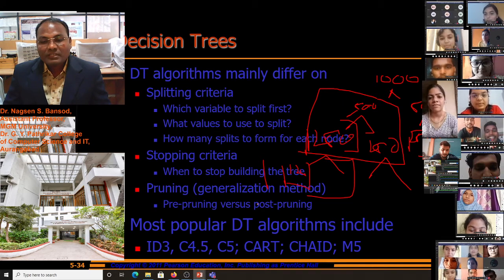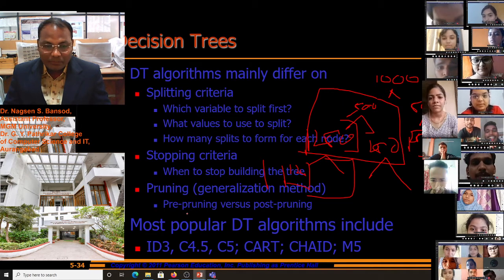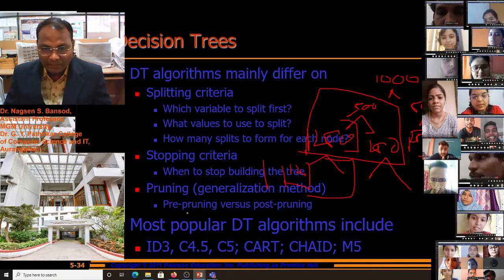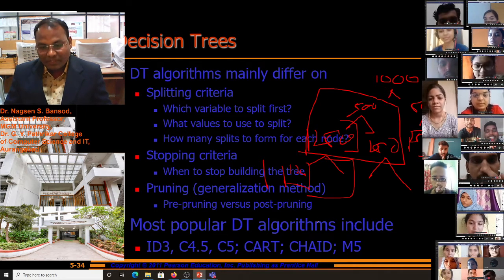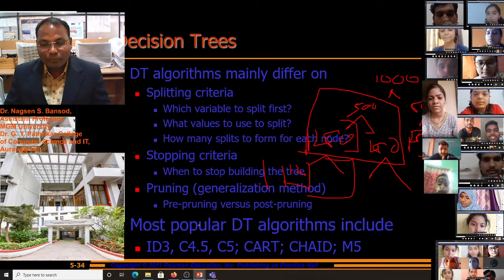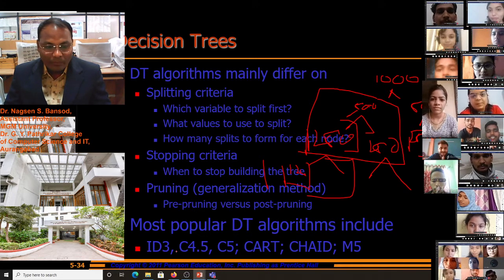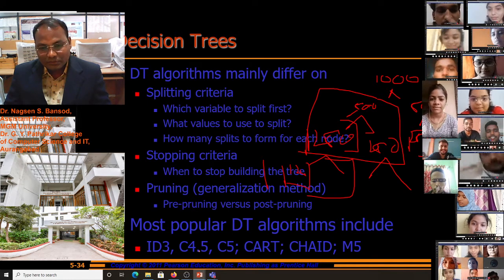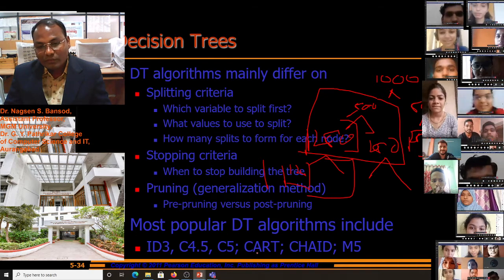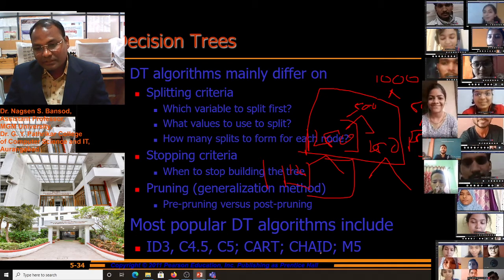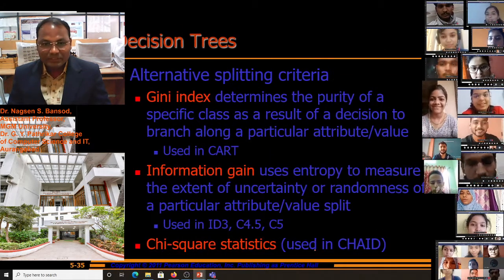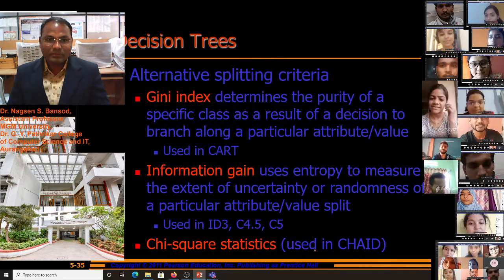Pruning means generalization method: pre-pruning versus post-pruning. The most popular decision tree algorithms include ID3, C4.5, C5, CART, CHAID. We will see them in detail one by one.